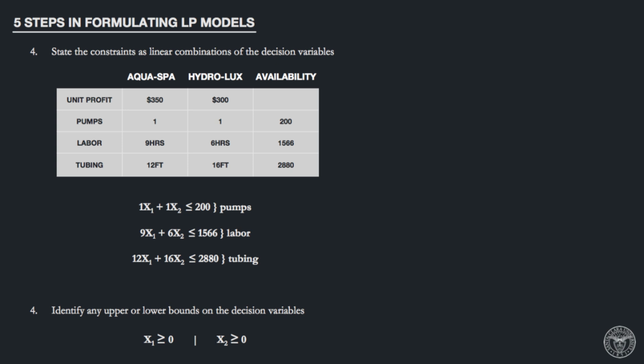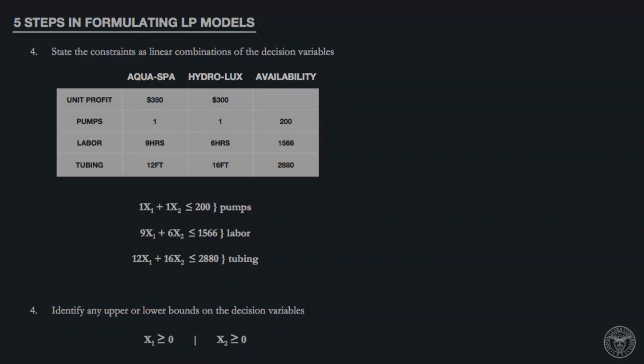Finally, we are going to specify any upper or lower bounds for the decision variables. In this case, we cannot produce a negative number of Aqua or Hydro, so we need to keep those quantities non-negative. So we have x1 greater than or equal to 0, x2 greater than or equal to 0.